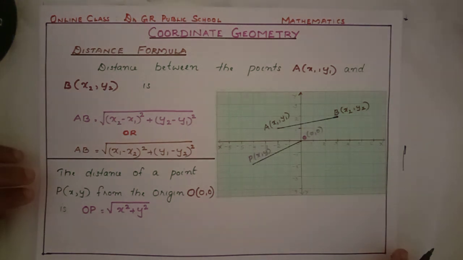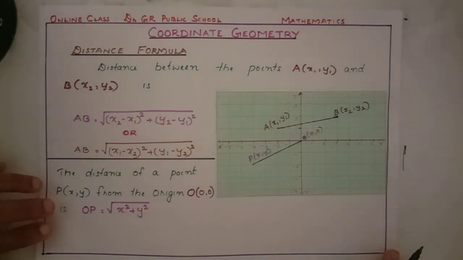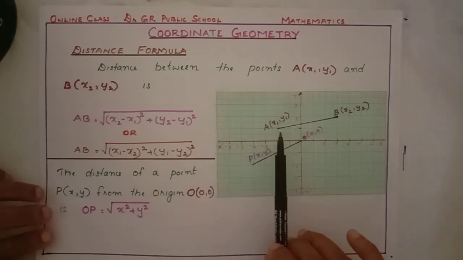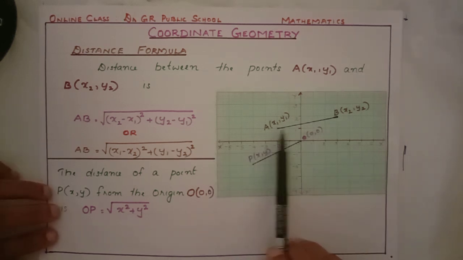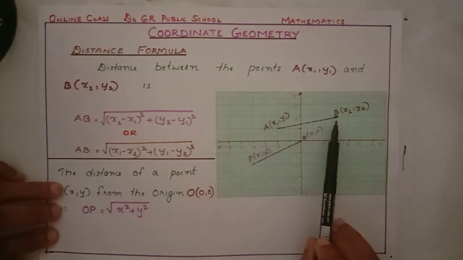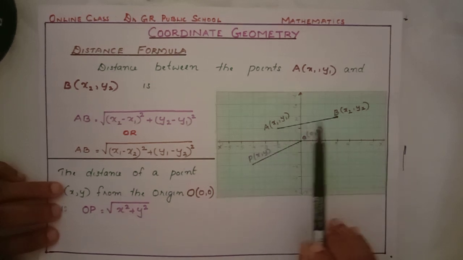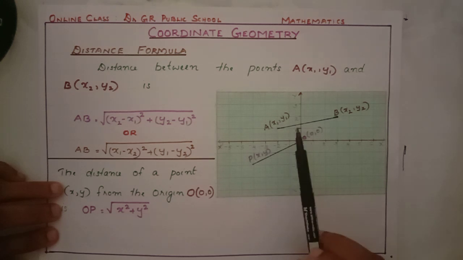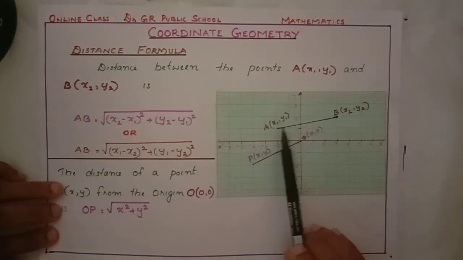So what is the distance formula? The distance formula we use to find the distance between two points on a Cartesian plane. If we know the coordinates of two points, A (x1, y1) and B (x2, y2), how do we find the distance between A and B?